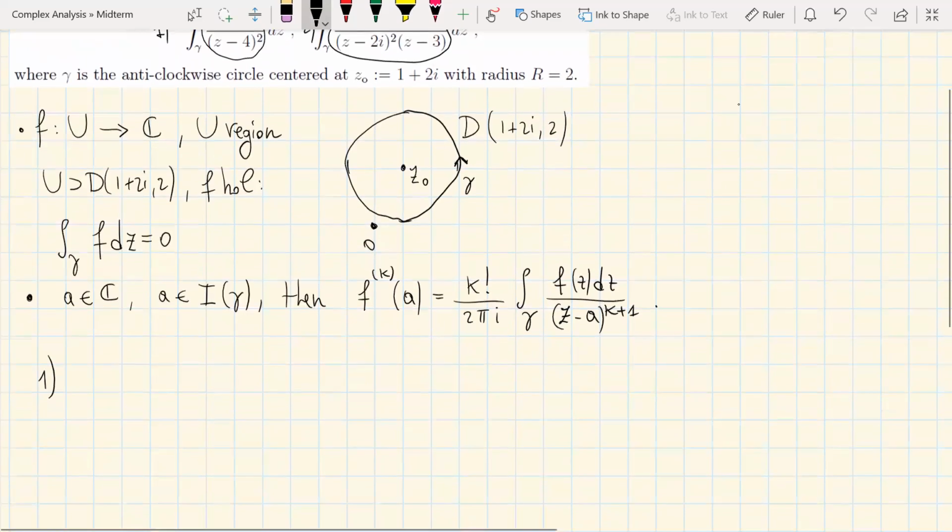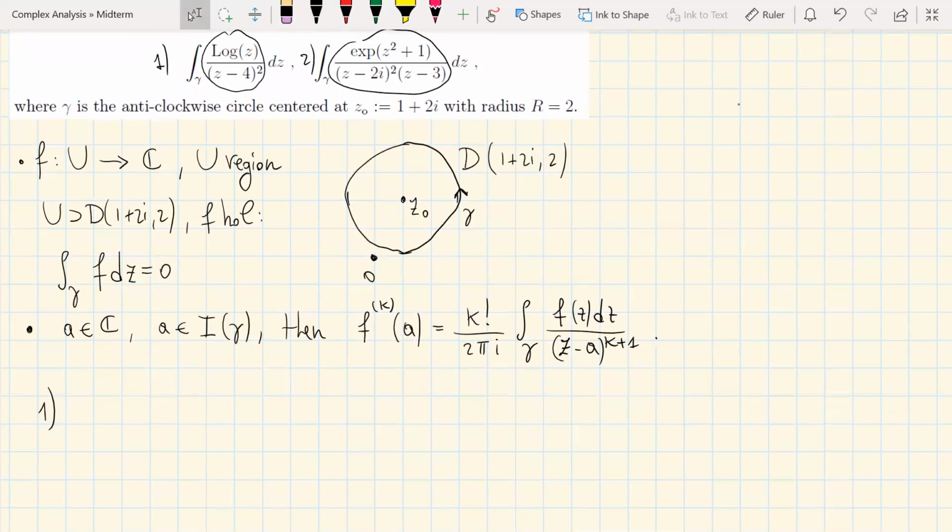So for case 1, we have the logarithm. This is the principal branch. And the logarithm is defined over the complex numbers minus the negative real axis, and it goes to the complex numbers whose imaginary part is between minus pi and pi.